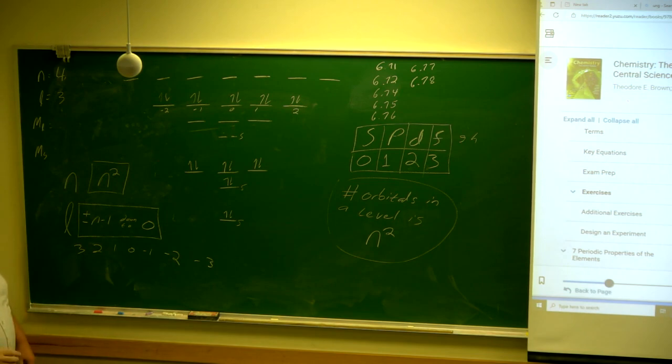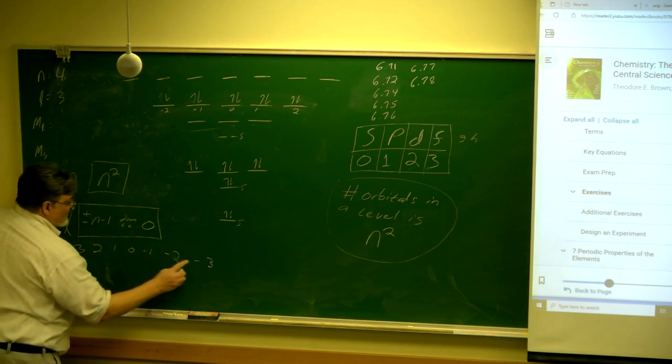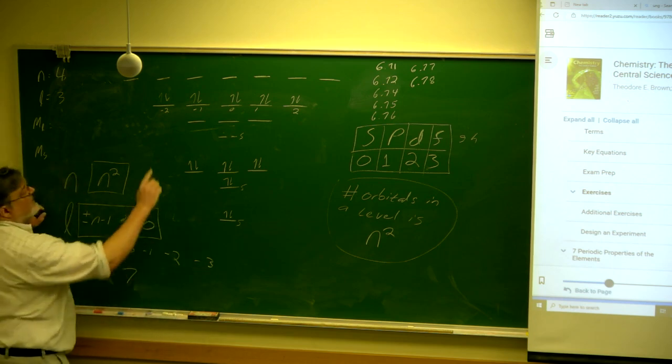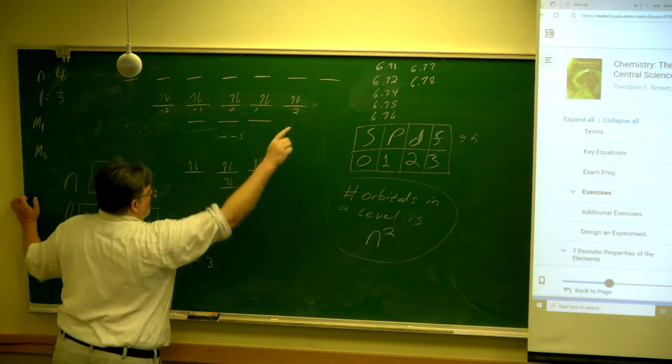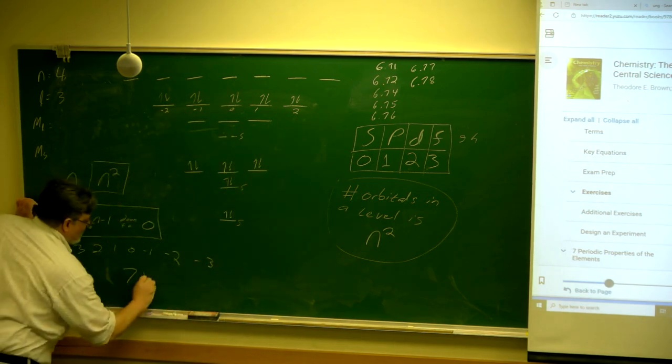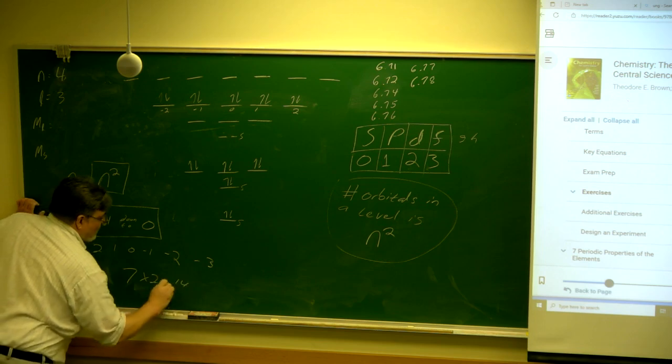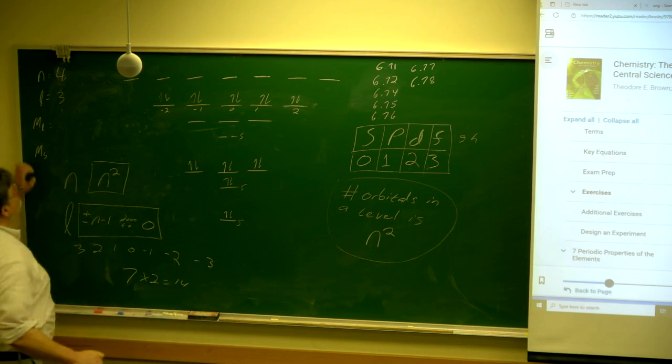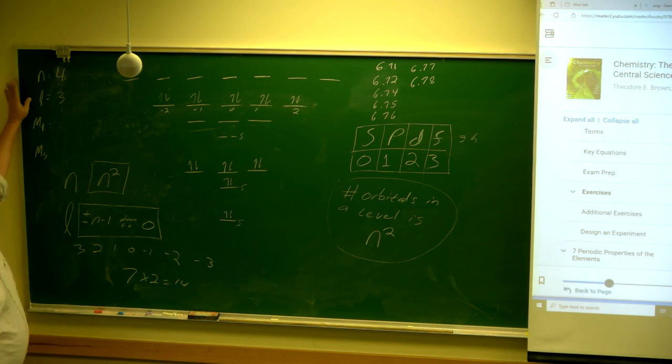But we could have figured that out this way. 1, 2, 3, 4, 5, 6, 7. There's 7 of those. That's these, literally these across here. And there's 2 for each. So there's 14 different electrons. They can start out with n equals 4, l equals 3. You follow that?